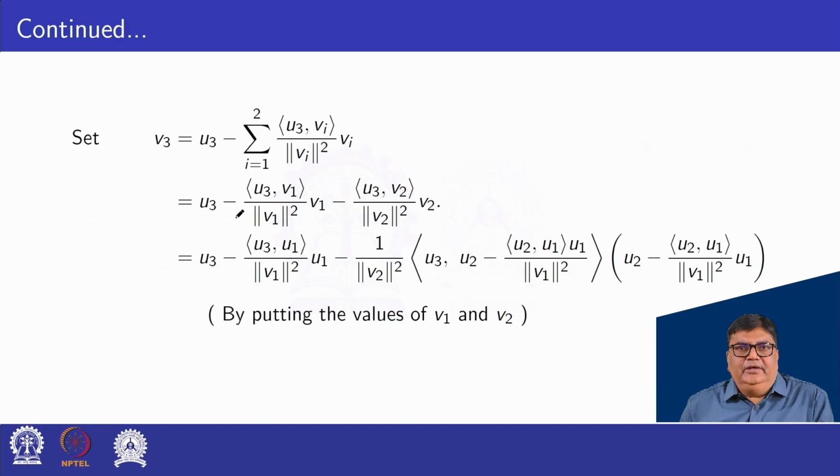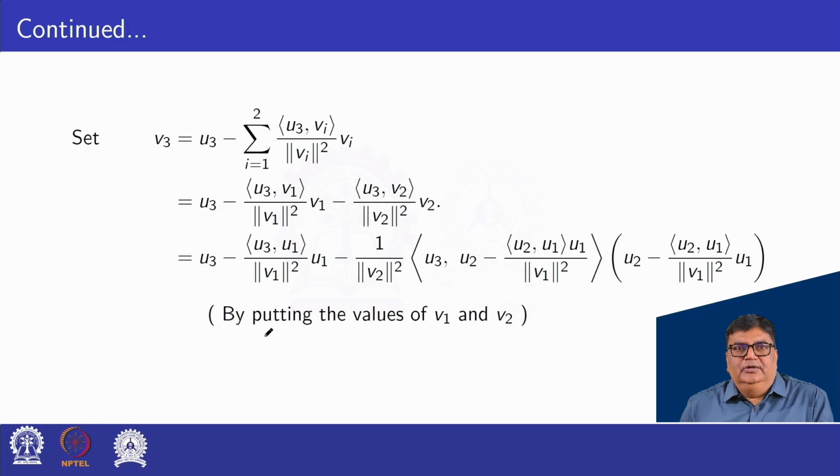we can write U3 minus the inner product of U3, U1 upon norm of V1 squared, into U1, minus 1 upon norm of V2 squared, and the inner product of this, U3 and putting the value of V2 here, into V2, this one.